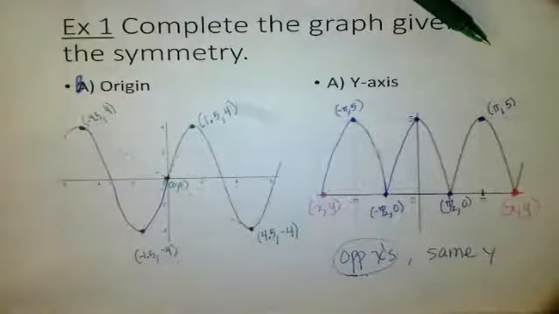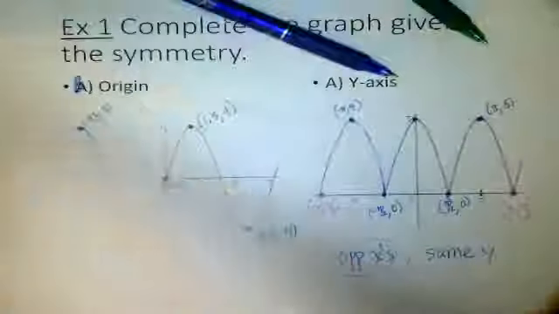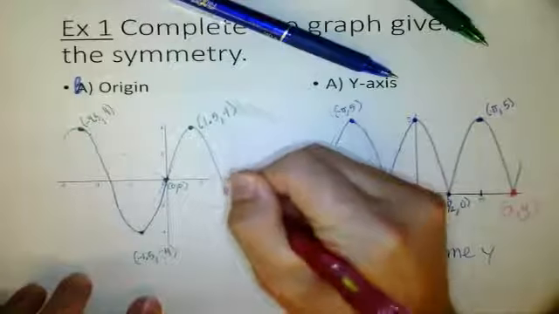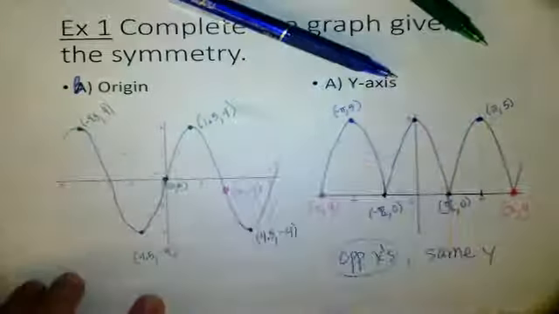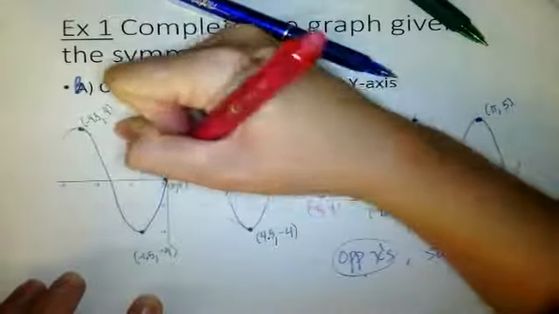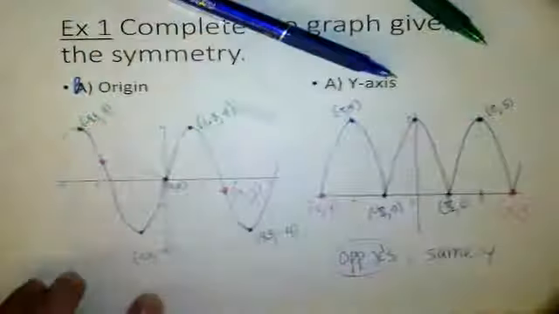Kind of interesting. So what's happening with these ordered pairs? If I have any point x, y here, I don't know what it is, but it's x, y. If it gets reflected through the origin and pops out on the other side, what's its new point?